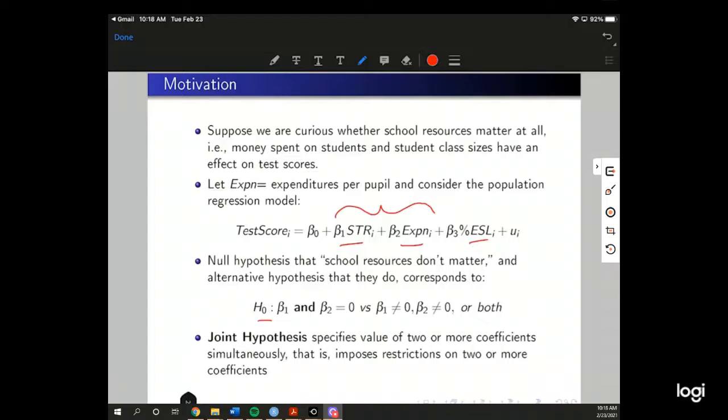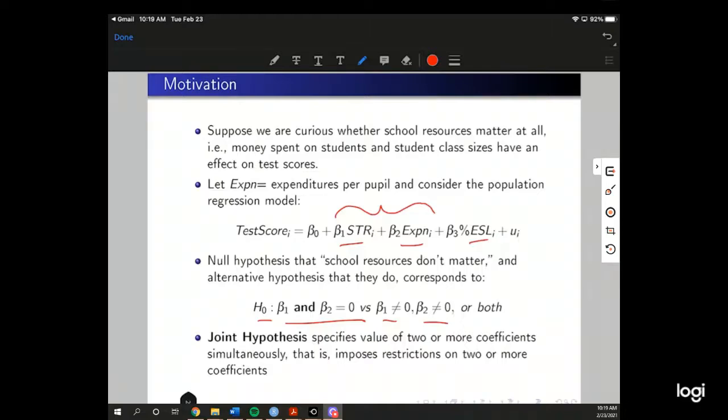So note that in this test of a joint hypothesis, if one of these coefficients does not equal 0, then we reject our null hypothesis. And so we're testing against the null that both of them equal 0, versus an alternative that one does not equal 0, or the other does not equal 0, or both do not equal 0.